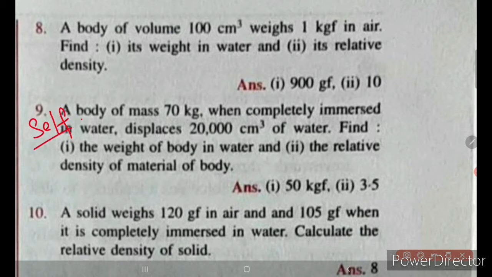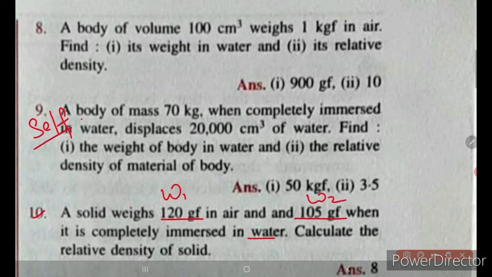Then coming to question number 10, a solid weighs 120 gram force in air. So this is supposed to be W1, and 105 gram force in water when completely immersed in water. So this is supposed to be W2, right.